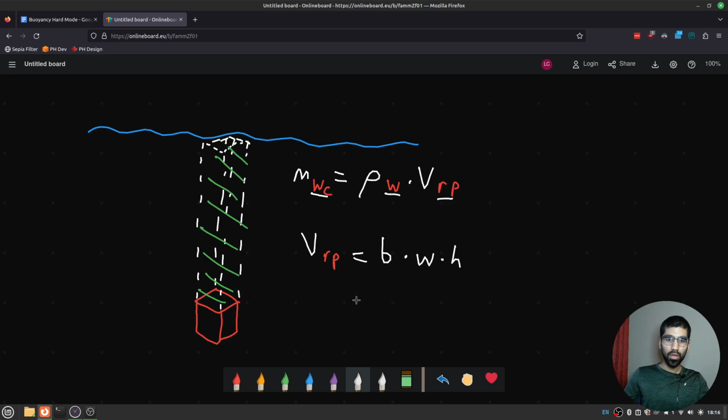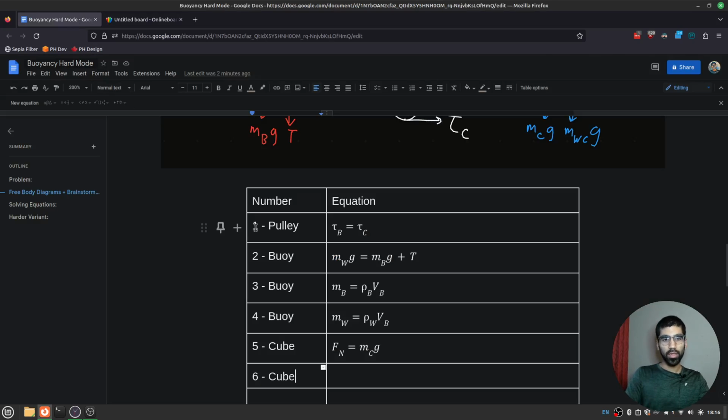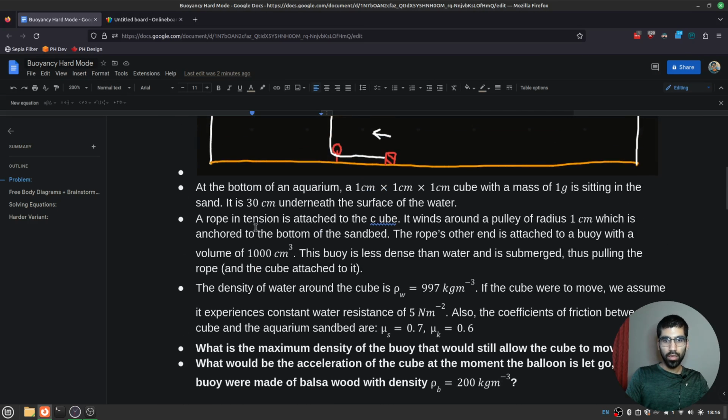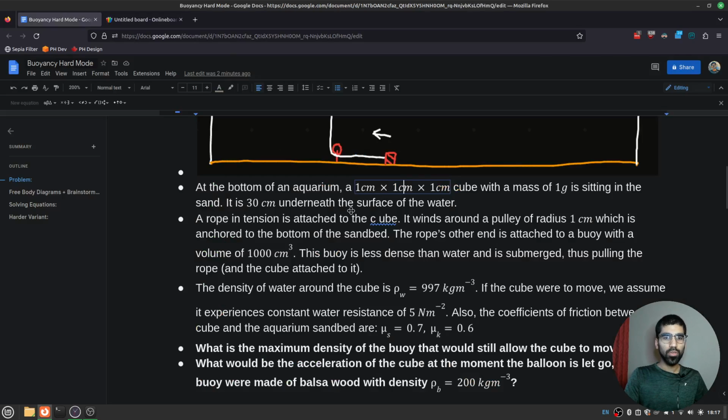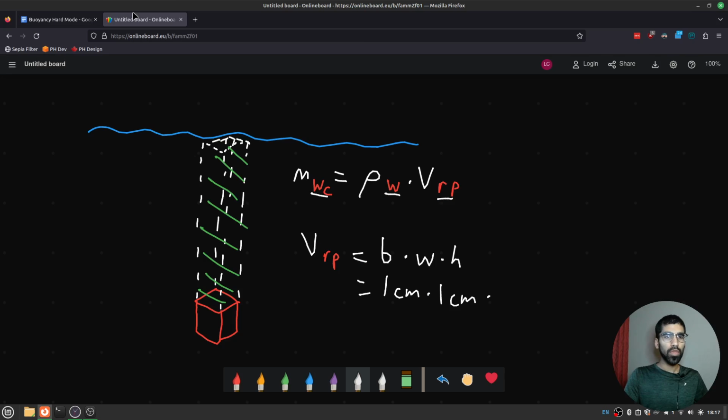The base here, we were told that the cube is 1 centimeter by 1 centimeter, so that tells us both the base and the width. It is 1 cm times 1 cm. And then the height, we were told the cube is 30 centimeters underneath the surface of the water, so that is 30 cm for the height.